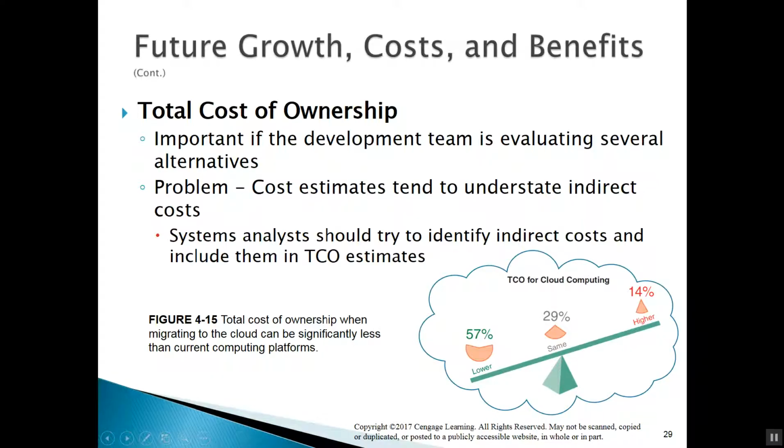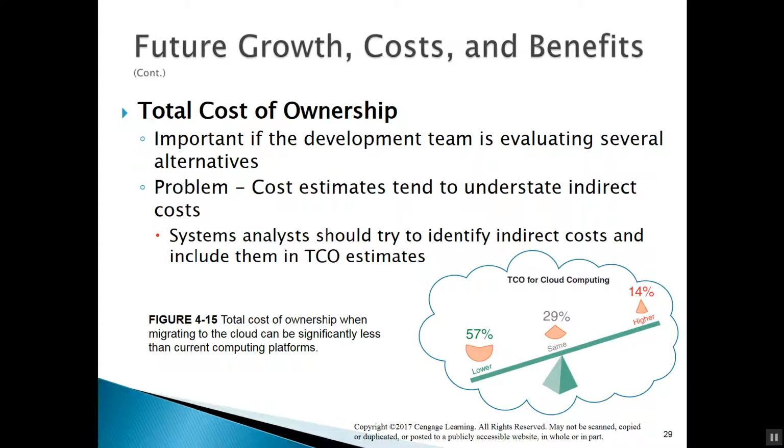So the total cost of ownership. Now it's important if the development team is evaluating several alternatives, because it's not just a matter of this is what this cost. There's an impact beyond the actual cost. There's indirect costs that we may not think about.